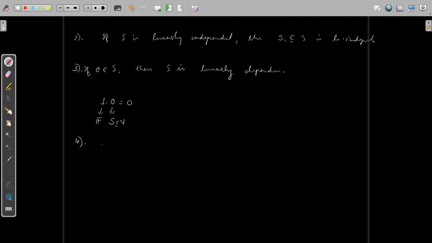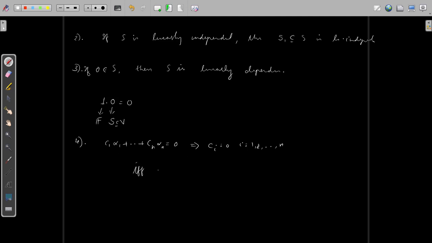The fourth one is a condition for testing linear independence. That means if you have C1 alpha 1 plus etc. Cn alpha n equal to 0 implies each Ci equal to 0, i equal to 1, 2, etc., n, then this is the characterization of linear independence.